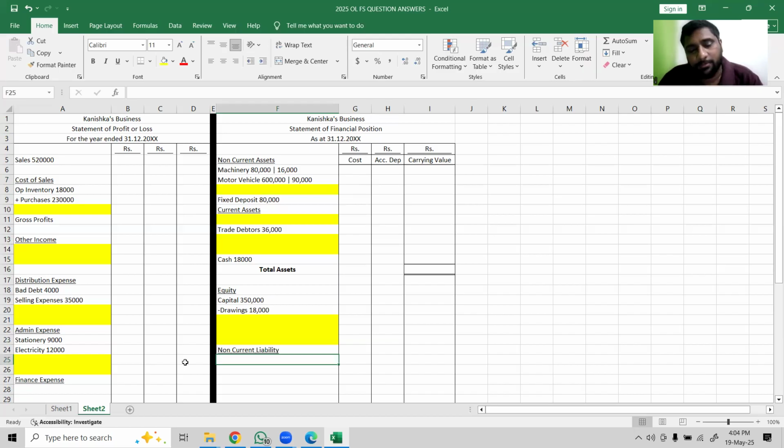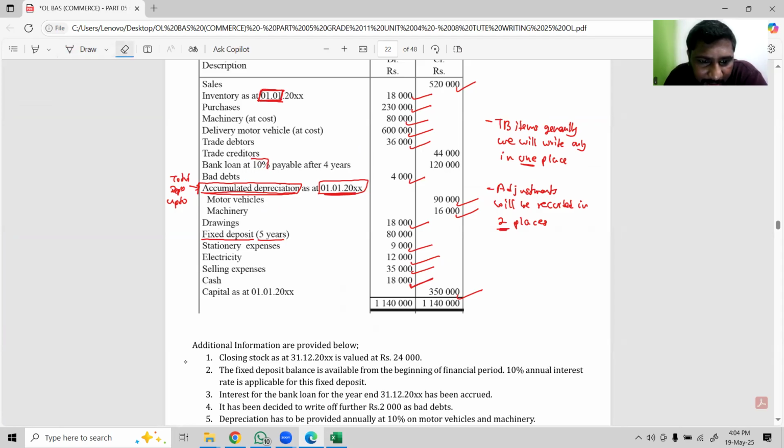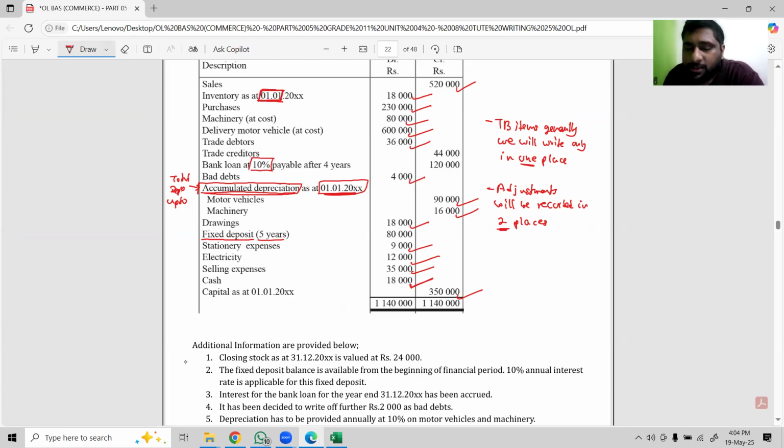In your exam, we have a bank loan. Generally, this hidden adjustment will be there. This 10% is a hidden adjustment. What does that 10% mean? It is the interest on the bank loan. It's a hidden adjustment; they are not telling it.